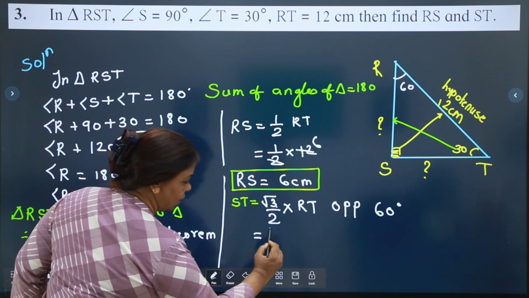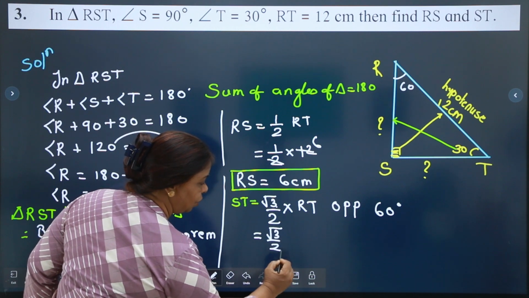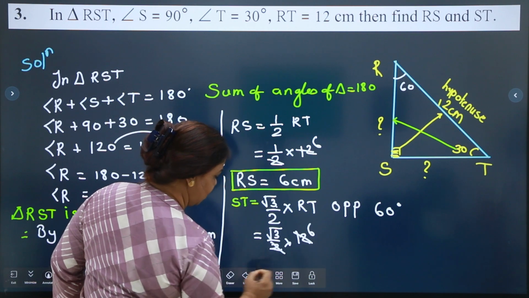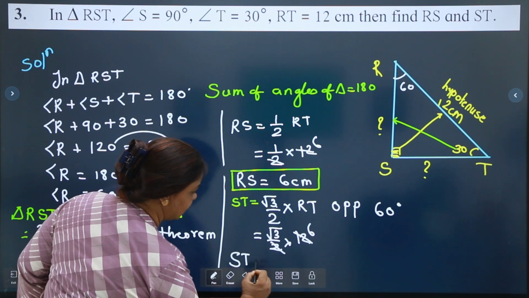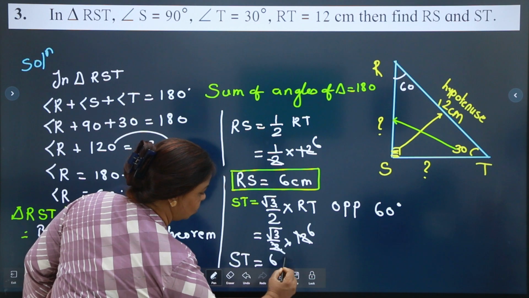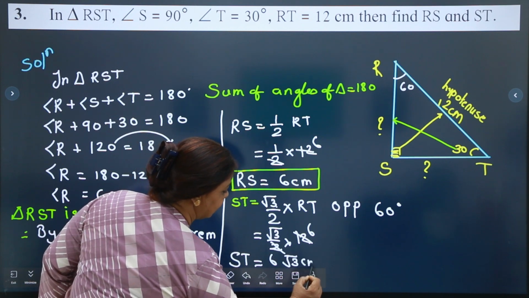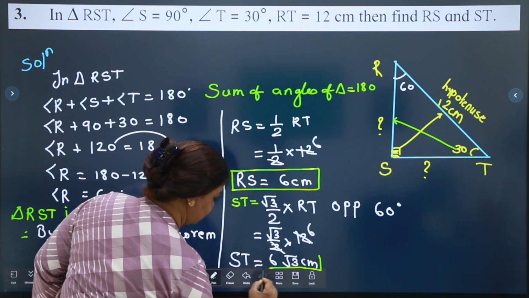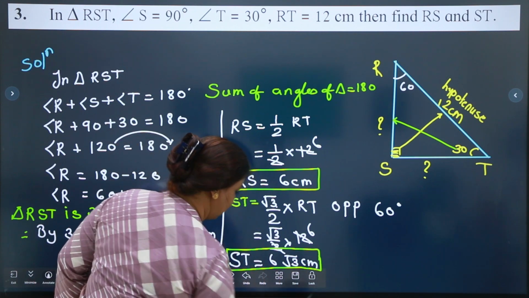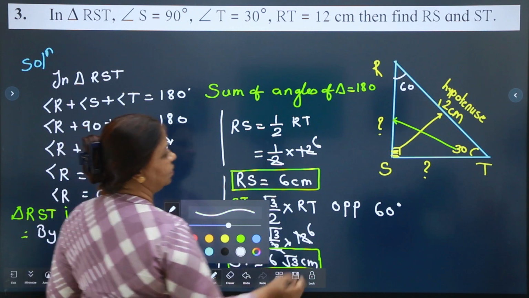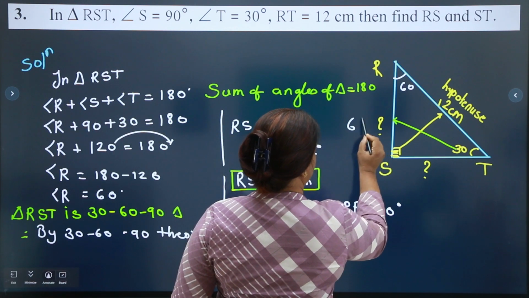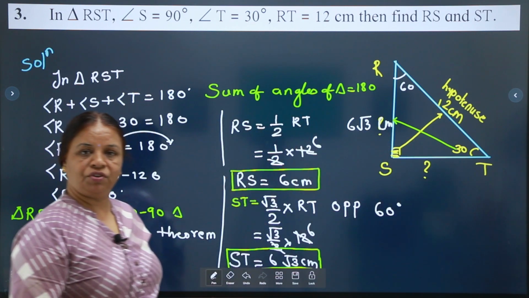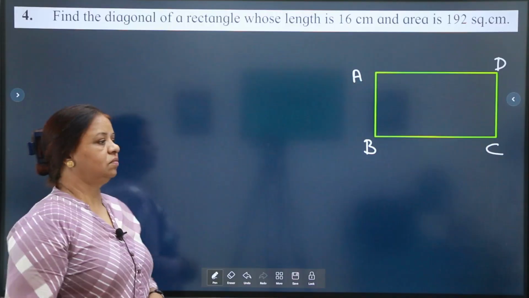So root 3 upon 2 into RT is 12. 2 sixes are 12. So we got ST as 6 root 3 centimeters. Okay, let's write there. So we got this as 6 root 3 centimeters. You can pause the video children and you can solve this sum.